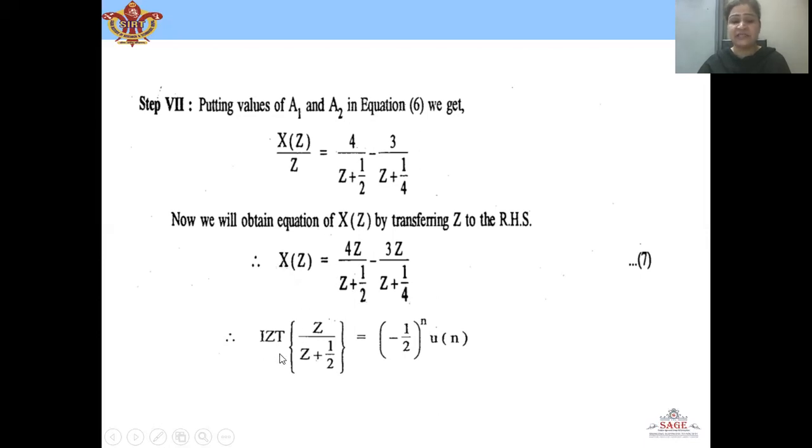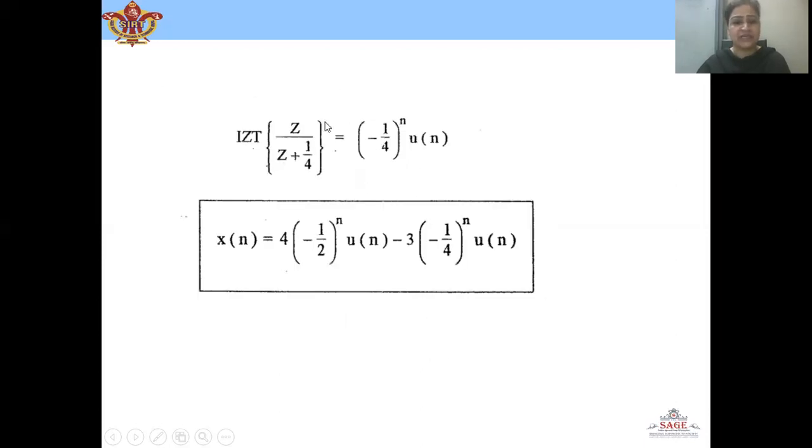Now, inverse z transform of the first term z upon z plus 1 by 2 is equal to minus half raised to power n u[n]. And inverse z transform of z upon z plus 1 by 4 is equal to minus 1 upon 4 raised to power n u[n].